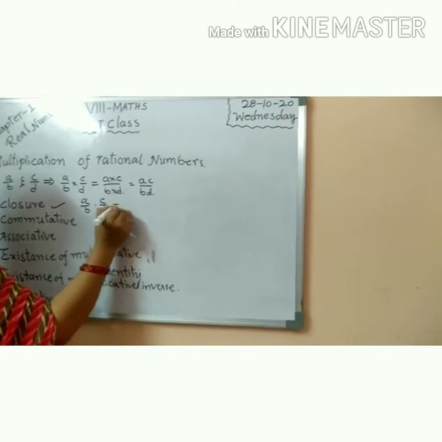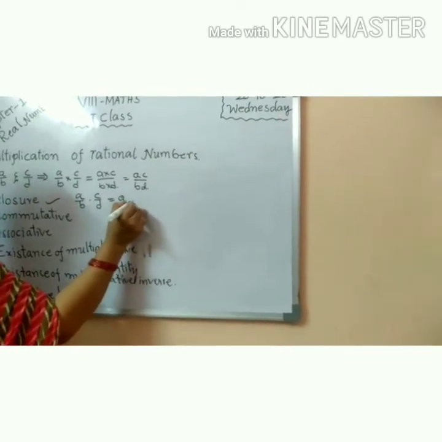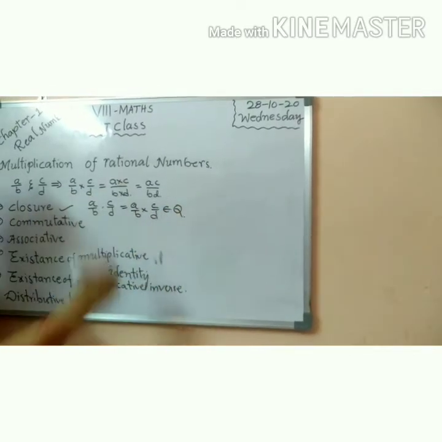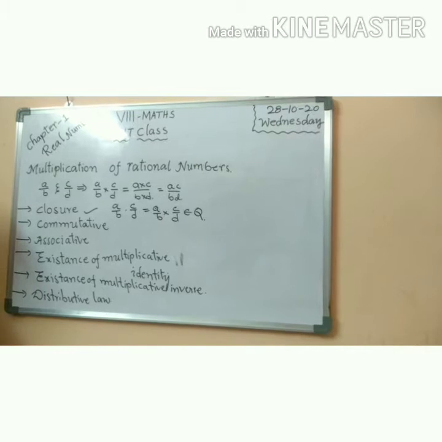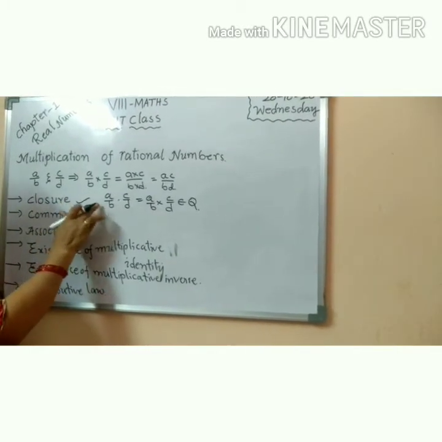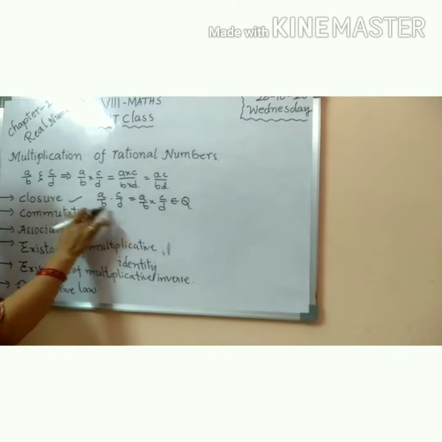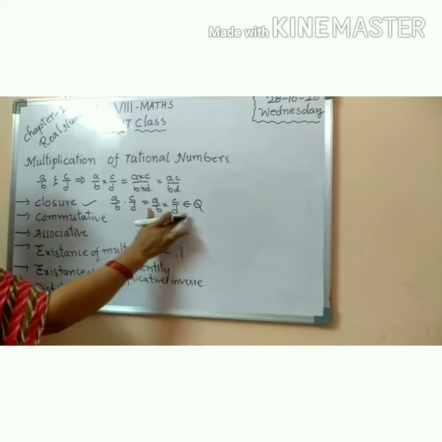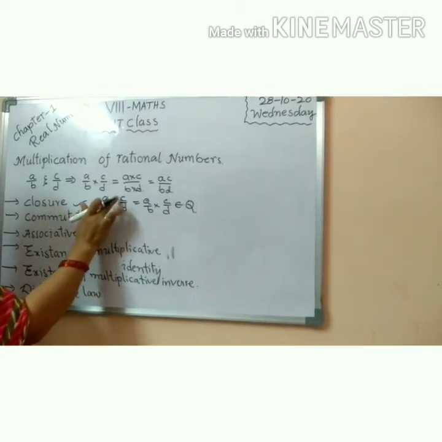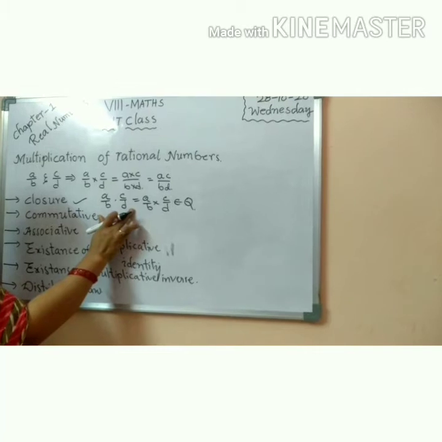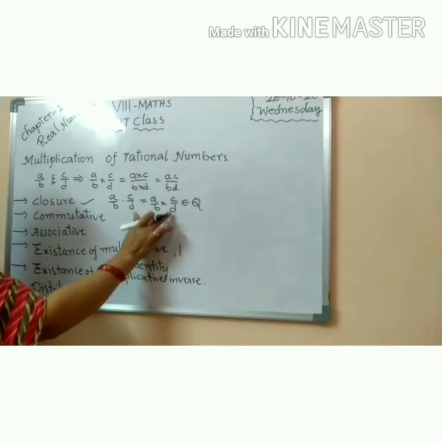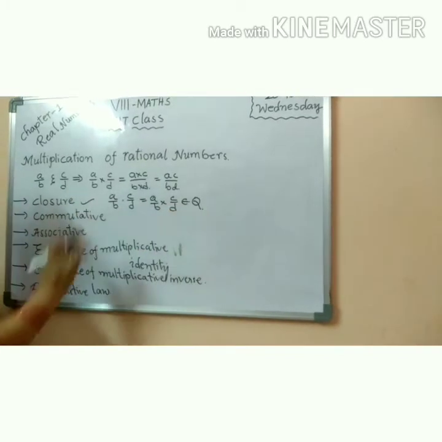The product, a by b into c by d, is always a rational number. Did you understand, children?